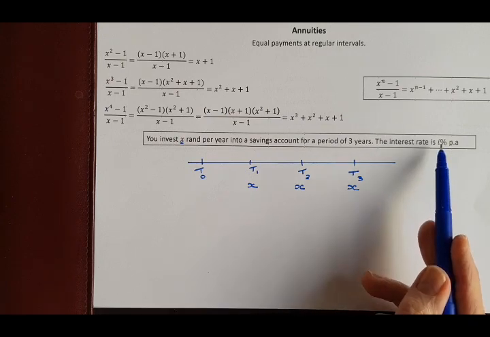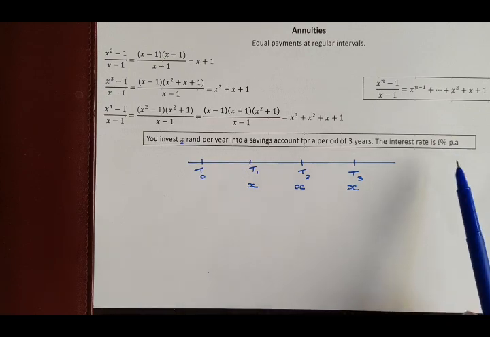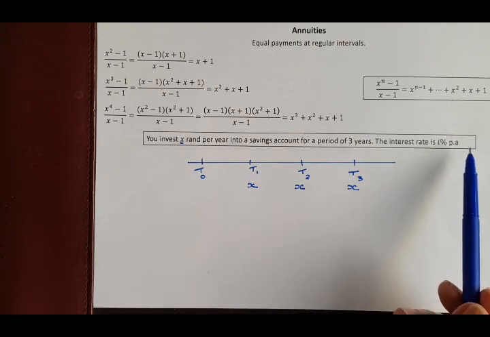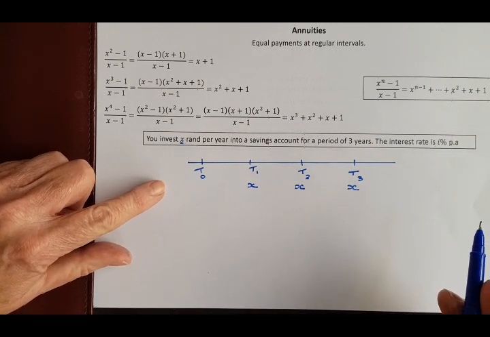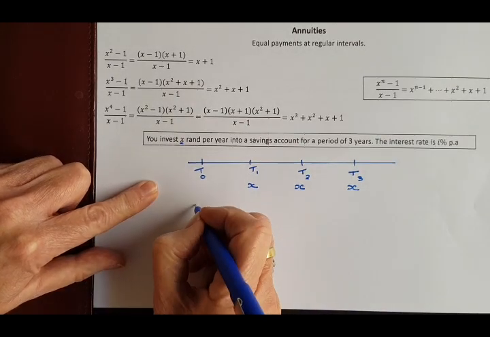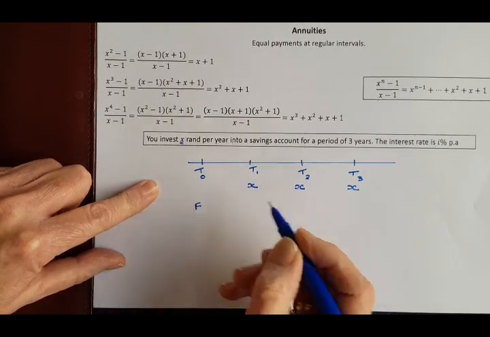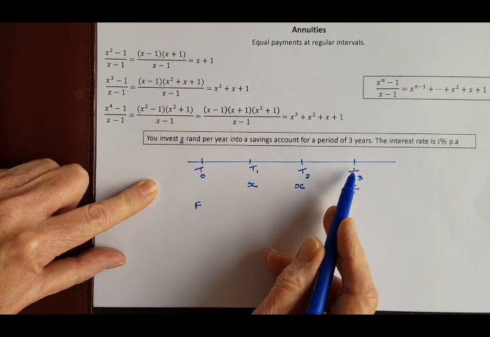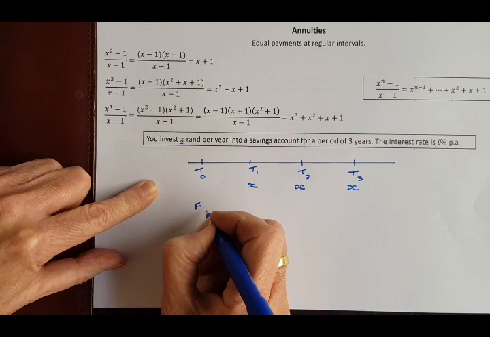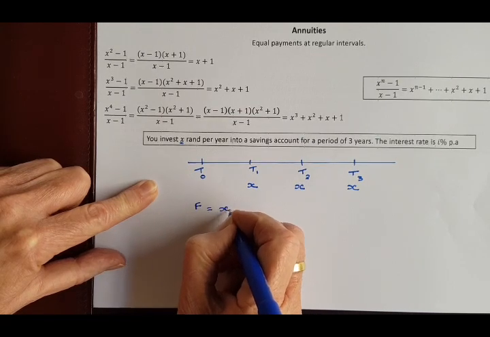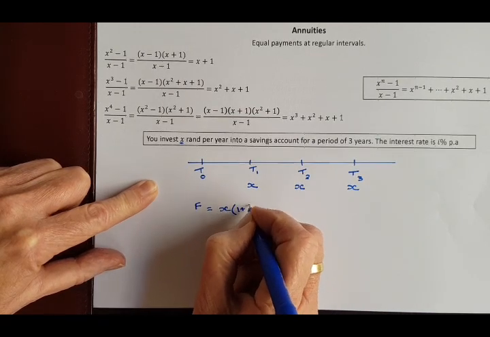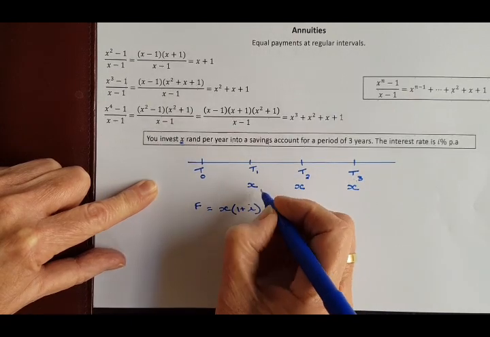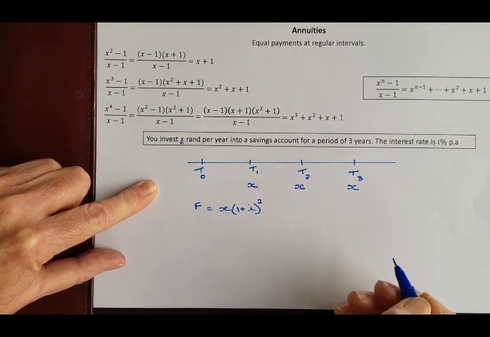Our interest rate is I% per annum. I've given you the effective interest rate. So in this particular case, it doesn't complicate the issue. All right, so when you're working out the future value, remember that first investment earns interest for 2 years, 1 plus I to the power of 3 minus 1, which is 2.